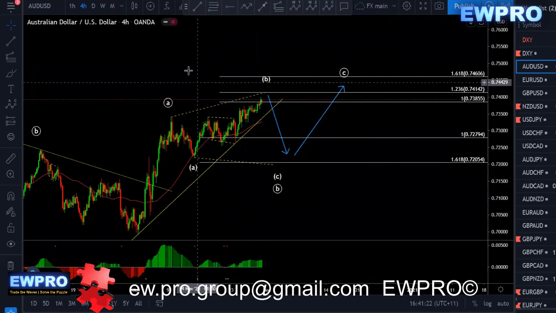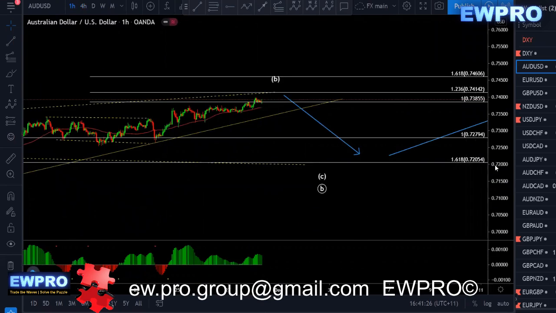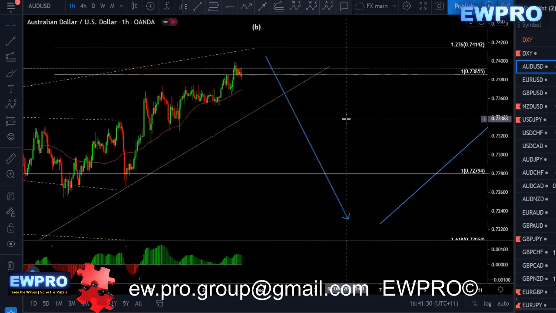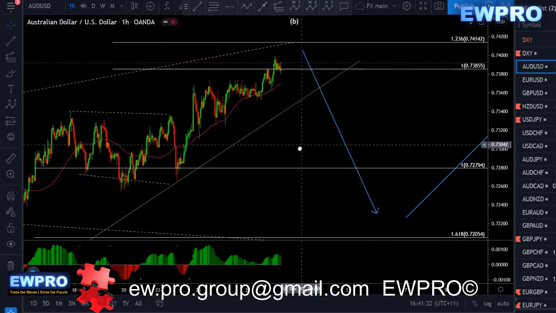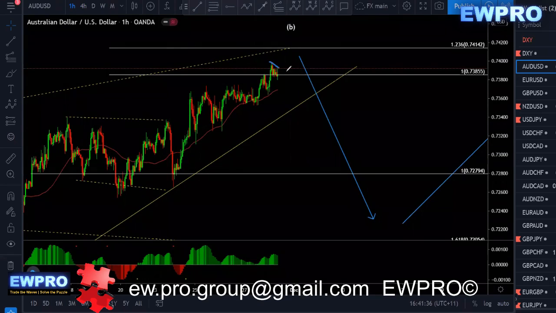So I'm looking at this structure. If we go down to the H1, I don't think there's a sell setup there yet. It's sort of giving another little bullish flag here. But we are getting bearish internal divergence. So any sort of sell setup I'd be taking.